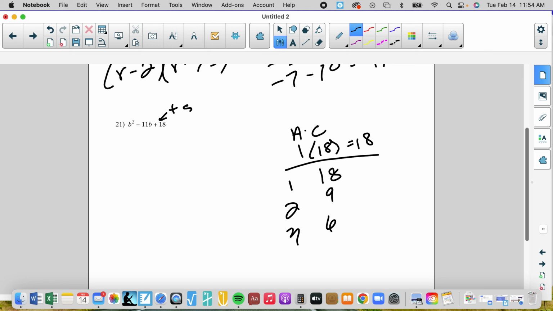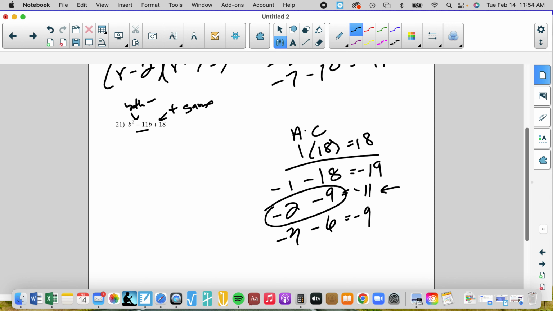If it's a positive, we know the signs are the same. We look here and both are negative. Negative 19, negative 11, negative 9. My middle term is negative 11, so I know I'm going to use that as my outside and inside.